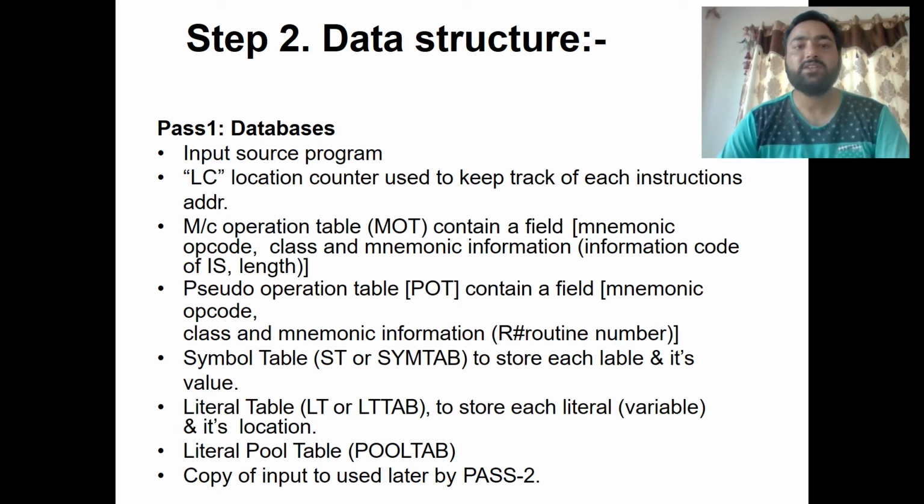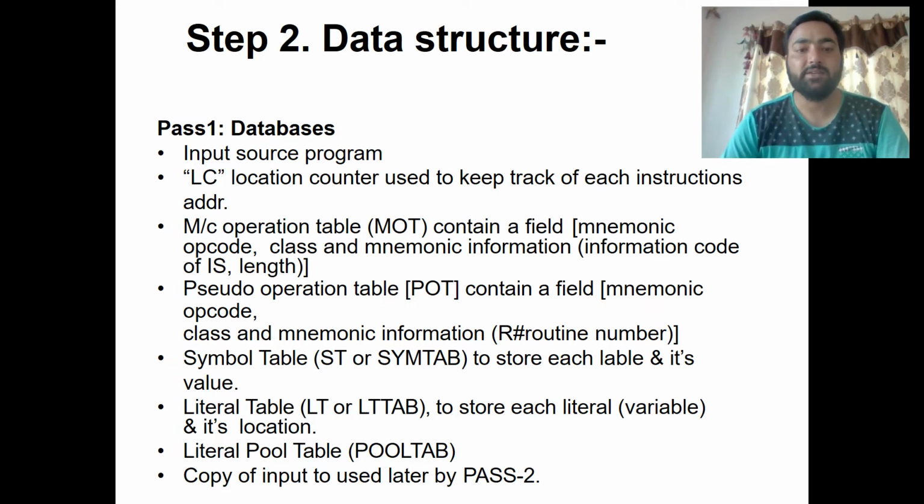Then the machine operation table MOT, which contains the fields opcode, mnemonic that specify the operation, then its class and other information like its length and instruction set. Then another database is the pseudo operation table POT, which contains the fields mnemonic, opcode, its class and mnemonic information, routine number, for example.